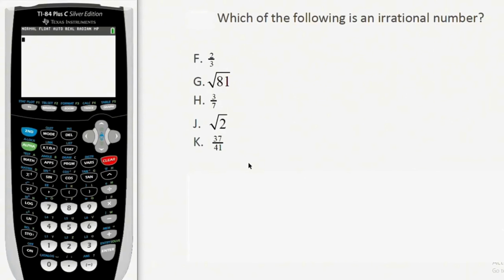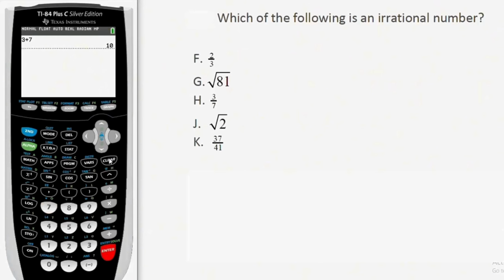So square root of 81 is not an irrational number. Alright, so that's it for this. Then when you check option H, let's see, 3 divided by 7. Enter. So we have it to be this.